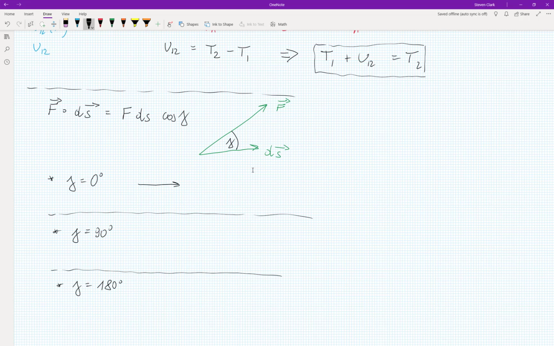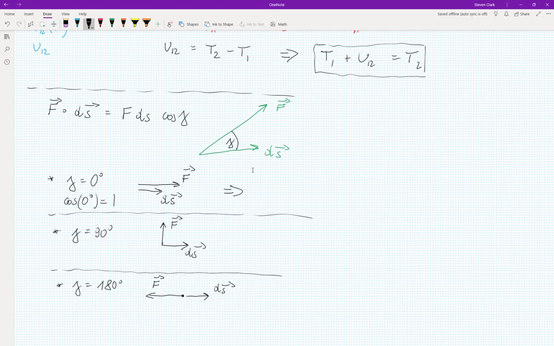So in this case, we have F pointing this way and ds pointing this way. In this case, we have F pointing this way and ds pointing this way. And in this case, we have F pointing this way and ds in such way. Okay, guys, so what is cosine of 0 degrees? 1. I see.